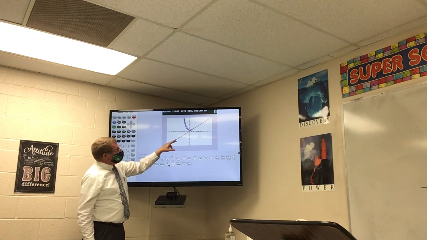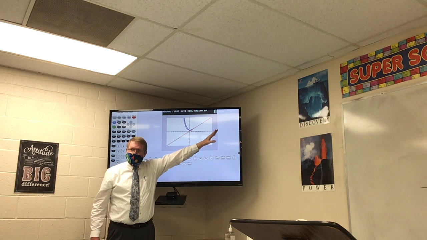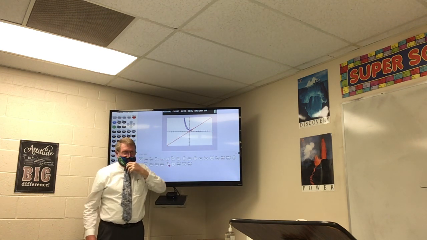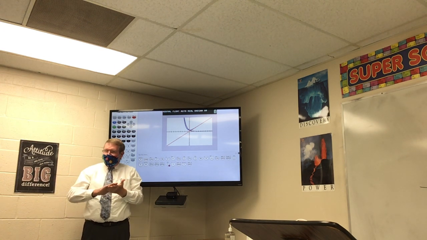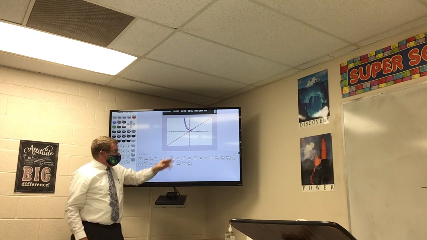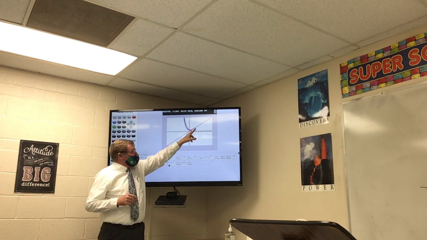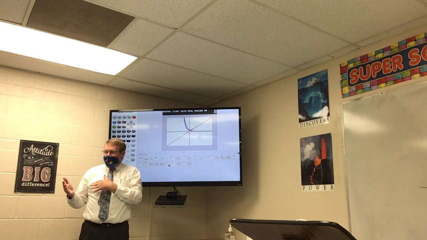As you see the blue, as I get closer and closer to the extreme on the right, you see my blue line kind of merges into the red line, and you don't see the blue line anymore. So that means at the extreme, my right end behavior is acting like x. So my function x would be my right end behavior.